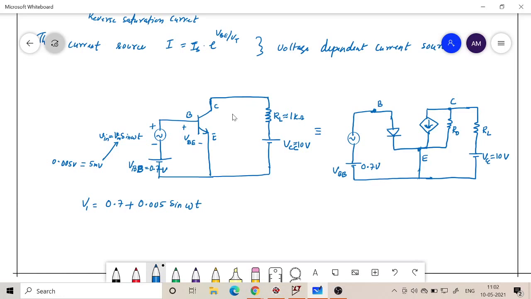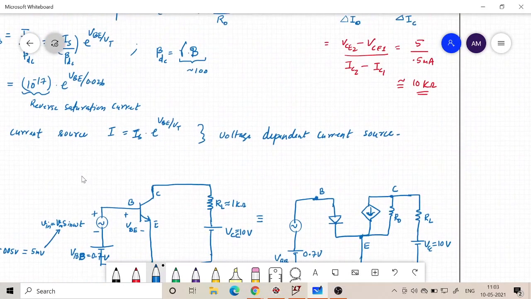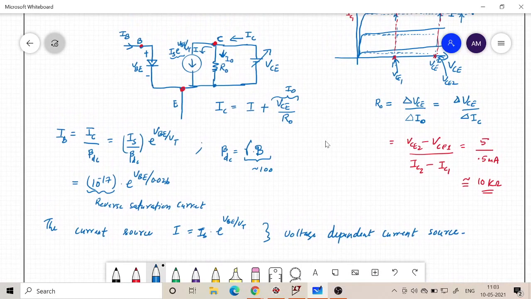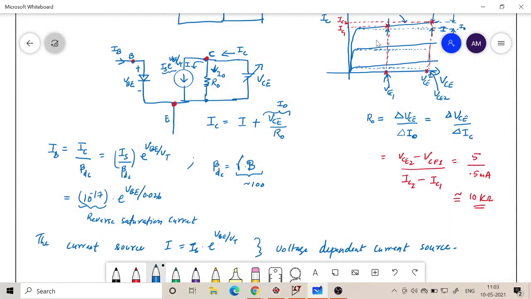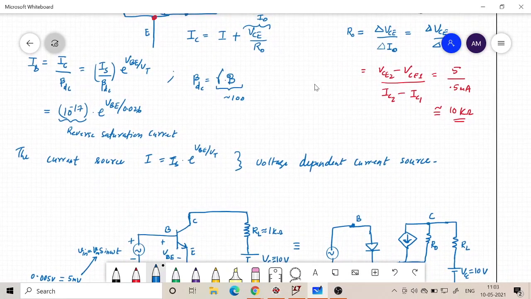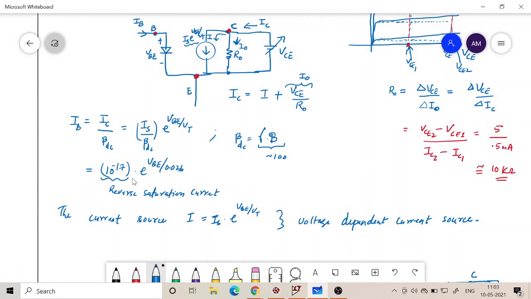And how did this equivalent circuit come? I already explained to you. It is just to model our expressions for current, as well as what we got when we plotted the characteristics, to fit in those expressions or characteristics. So this is the output characteristics. It can be modeled with a current source with a parallel resistance, and the input is basically the diode equation.